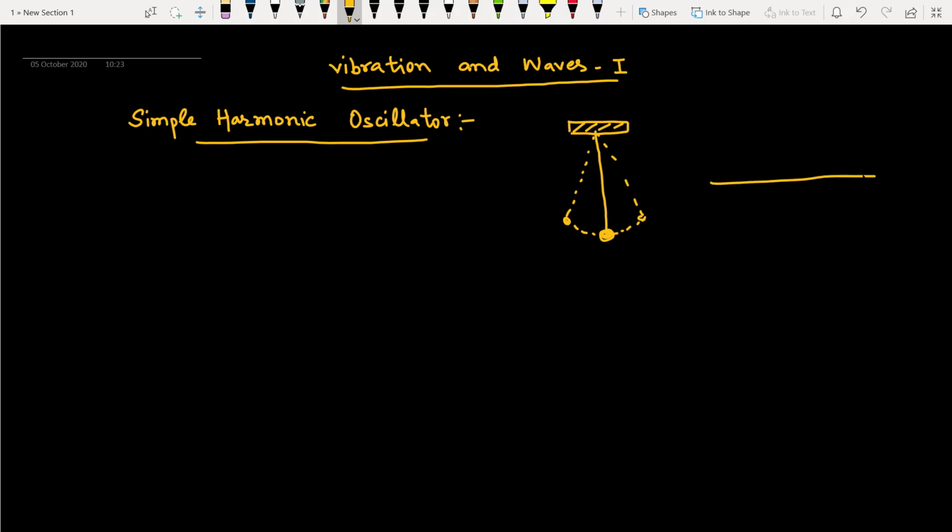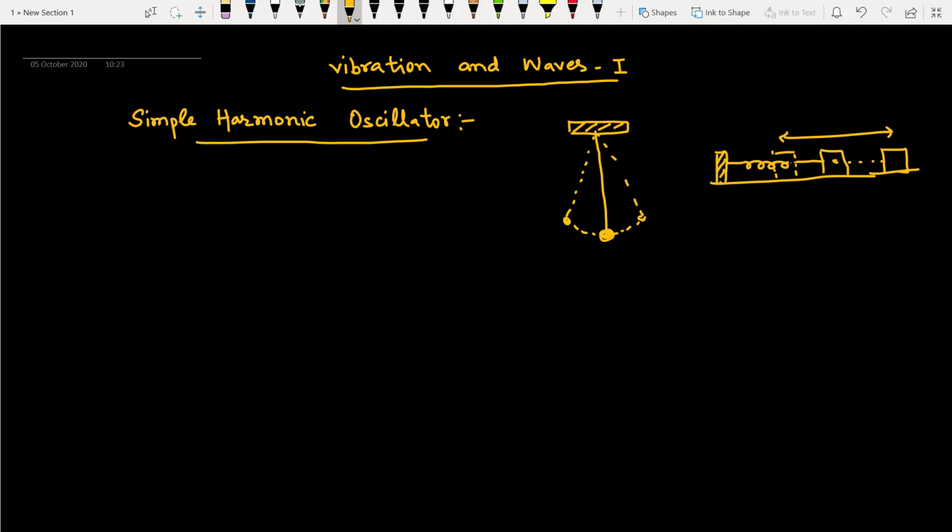One more very common simple harmonic oscillator you might have studied: this is a fixed rigid support and here you have a spring and a mass is tied to the spring. The mass is pulled aside and is released. Then this will be the mean position and it will be oscillating between these two extreme positions.